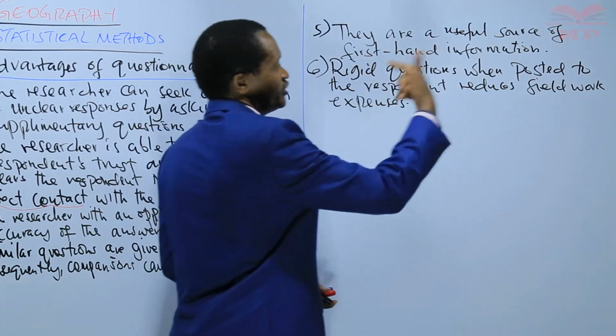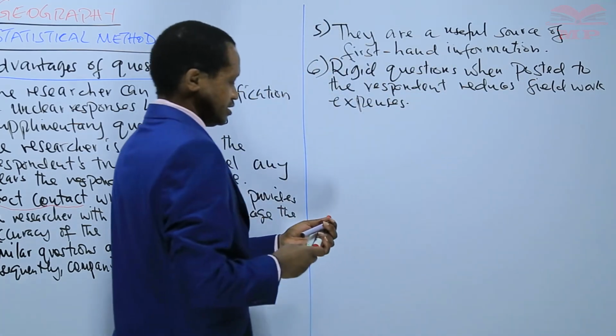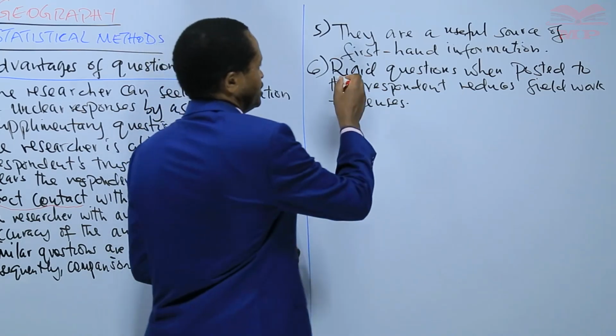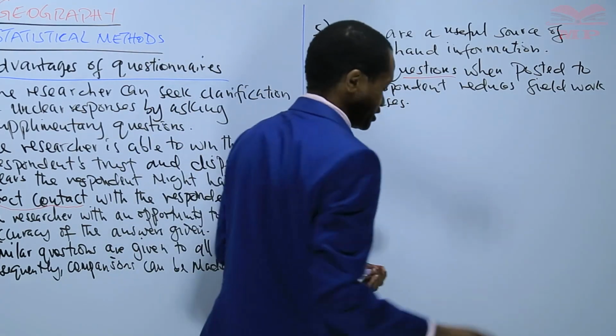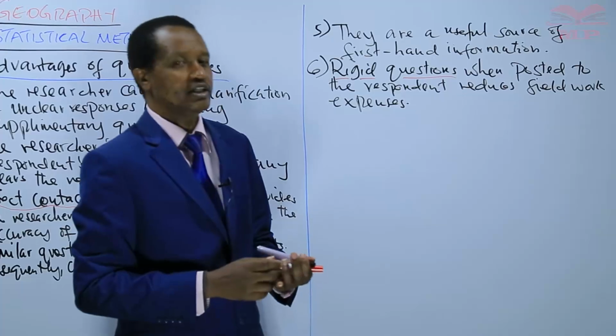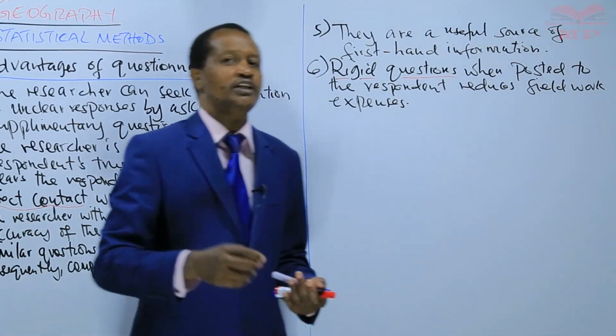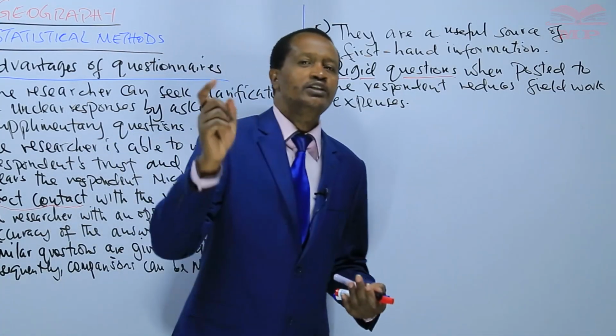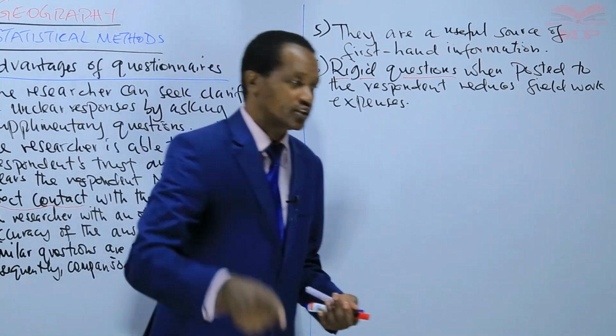So when you send rigid questions, learners, you remember in our last lesson we defined rigid questions. We say that there are two types of questions: the open-ended questions and the rigid questions. Rigid questions are also known as structured questions.